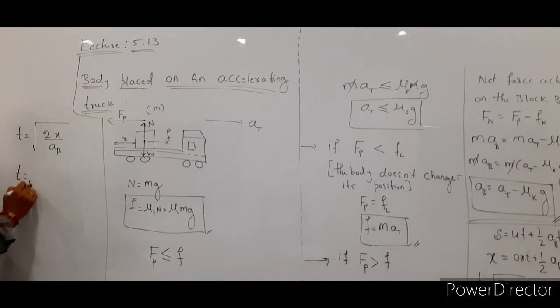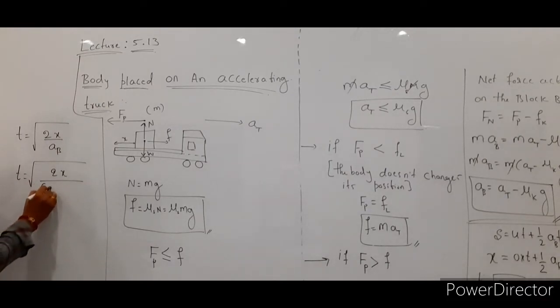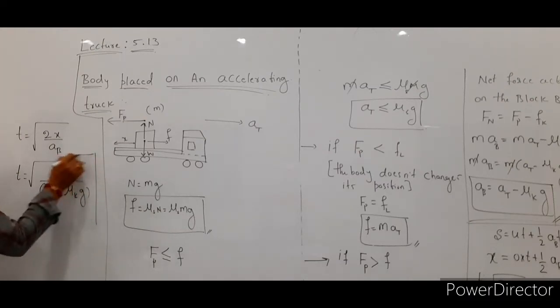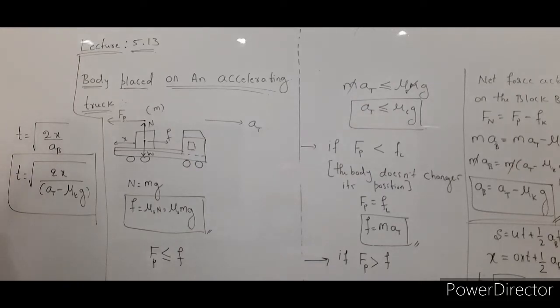We are using the equation of motion s equal to ut plus half at square. The distance covered by the block is x, and the initial velocity is 0, so x is equal to 1 by 2 times the acceleration of the block into t square. Then t is equal to under root of 2x divided by the acceleration of the block, which is the acceleration of the truck minus coefficient of kinetic friction into acceleration due to gravity. This is the time taken by the block to cover this much distance.